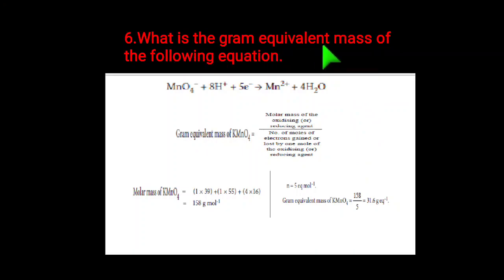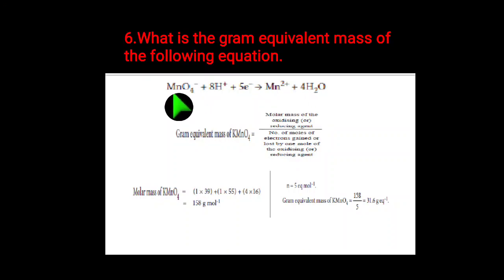Another type of question: what is the gram equivalent mass of the following equation? Here an equation is given. I already told you the gram equivalent concept can be applied in a redox reaction. This chemical reaction is a redox reaction; ion-electron concepts are present.